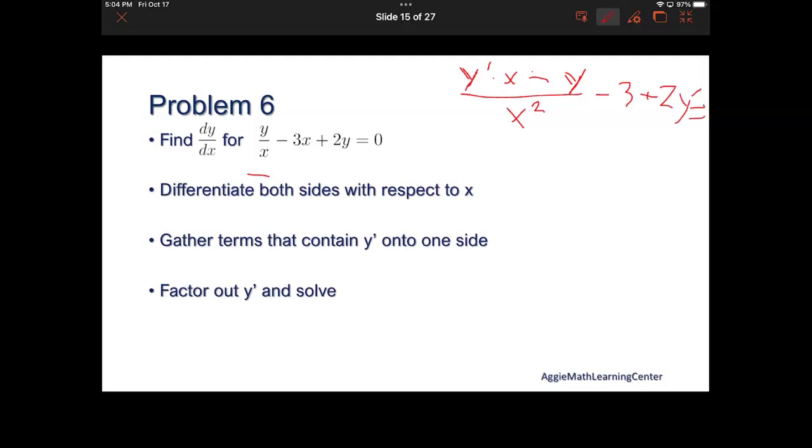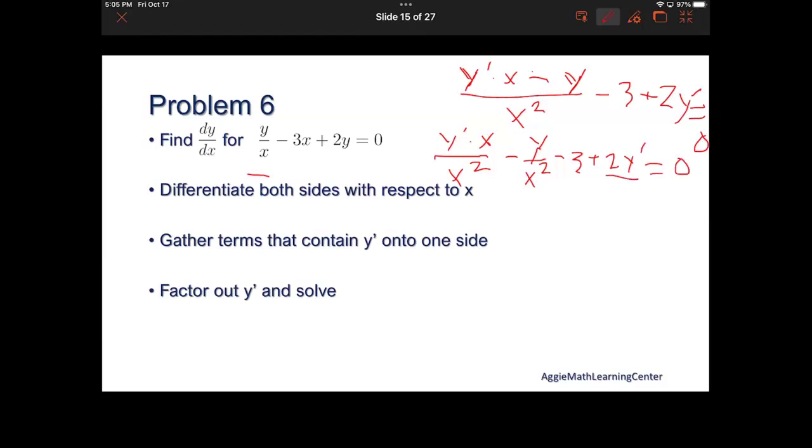The derivative of 0 is 0, so that's all equal to 0. Okay, now we need to separate this so we can get just the function of y prime alone. I'm going to rewrite this as well. We're going to have y prime times x over x squared minus y over x squared minus 3 plus 2y prime. So I see two things that have y prime with them.